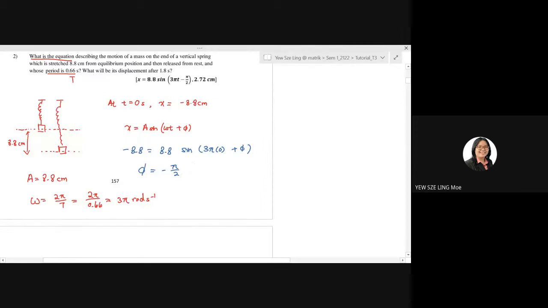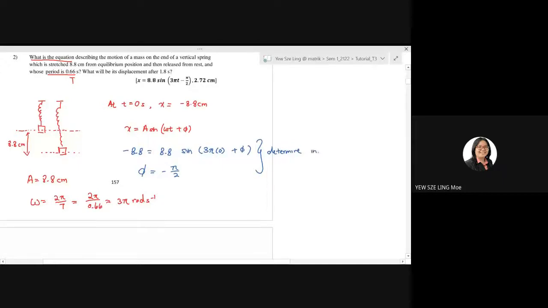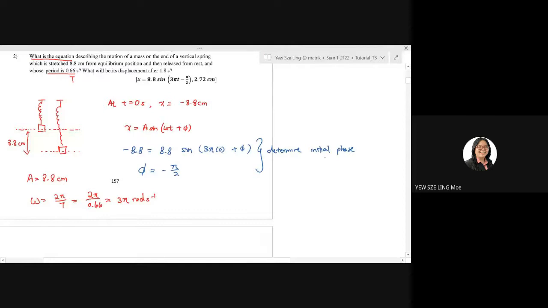That is our initial phase angle. So once you obtain the initial phase angle, you can then proceed to forming the complete equation. This is how you determine the initial phase angle. This step is very important. Students always forget about this step.